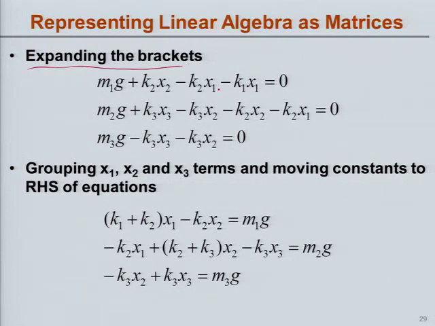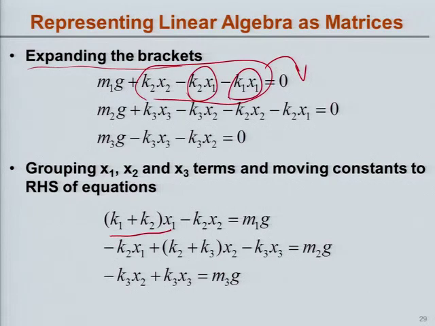Then group all the terms in x1, and effectively move that across to the other side, but then swap sides. So we have k1 plus k2 times x1, that comes from this term and this term, minus k2 x2, that comes from that term, is equal to m1g.